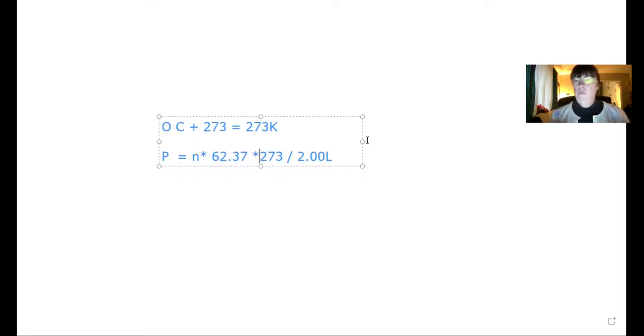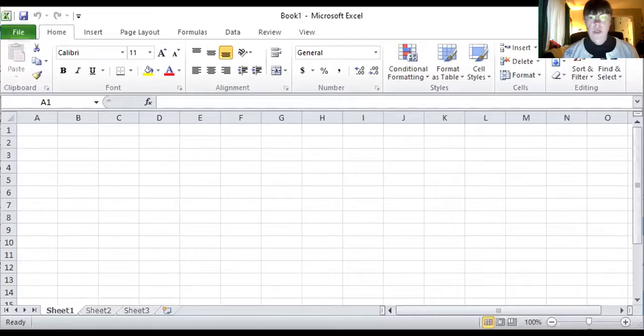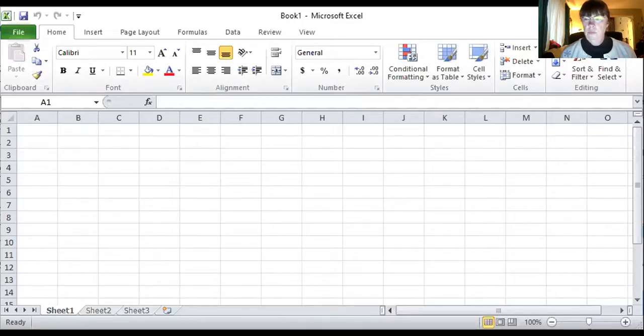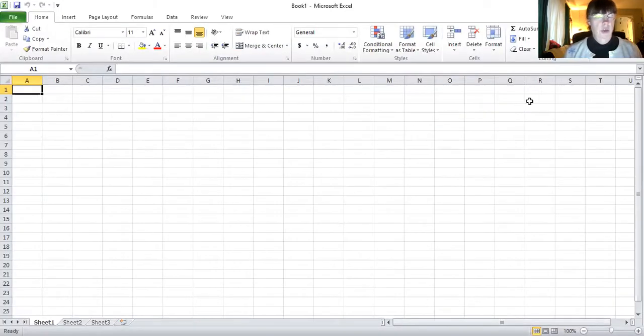All right, so once you've filled in your table, then we're going to use Excel to generate a graph. This is what your Excel spreadsheet looks like. Actually, I'm clicking on the wrong thing here. Share screen, spreadsheet. All right, so this is your spreadsheet.